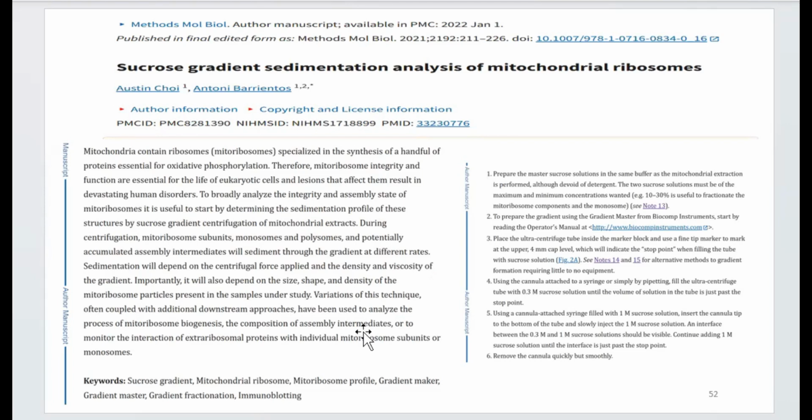Variation of the technique can be coupled with additional downstream approaches to analyze the process of mitoribosome biogenesis and the composition of assembly intermediates, or to monitor the interaction between extra-ribosomal proteins with individual mitoribosome subunits or monosomes.